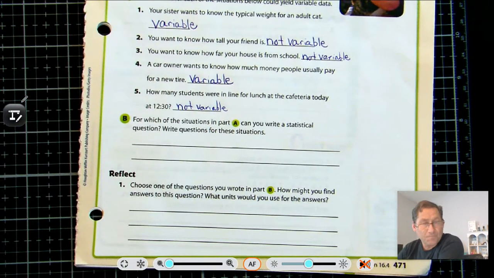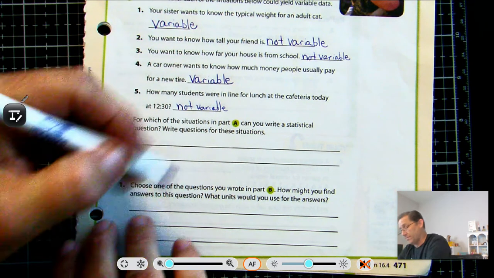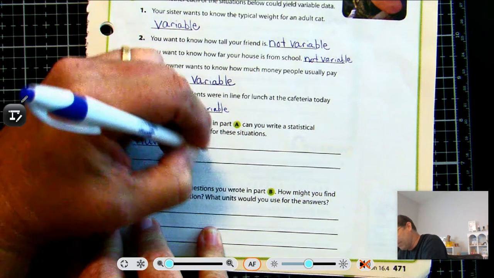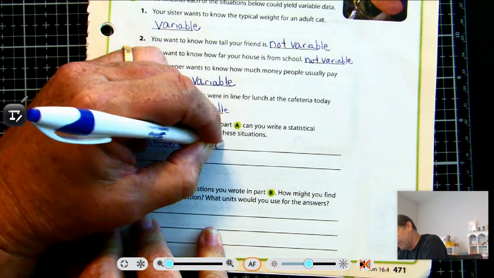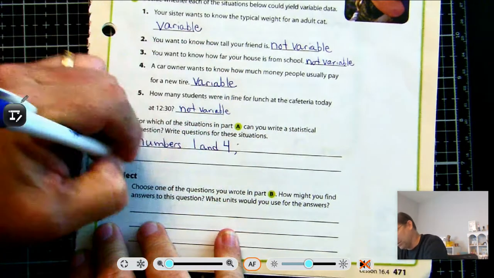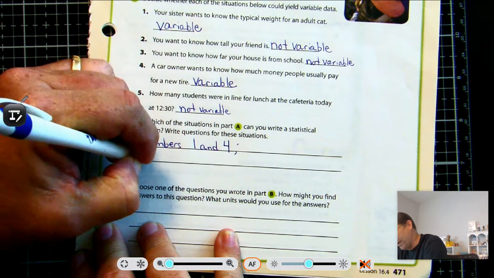All right, B. For which of the situations in part A can you write a statistical question? Write questions for these situations. Well, numbers 1 and 4. And the question, how much does a typical cat weigh?